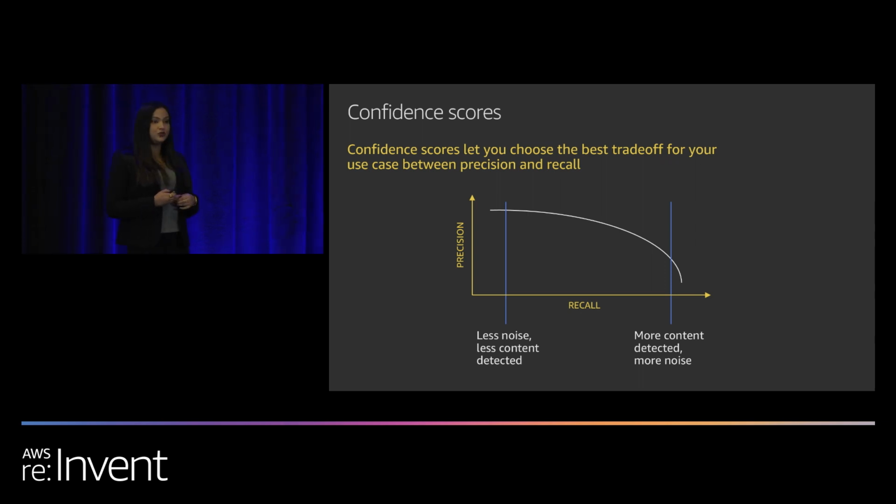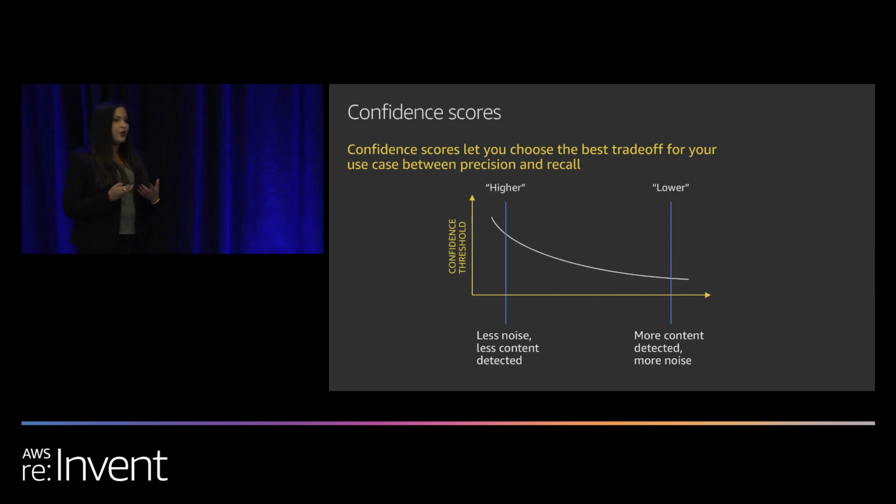The customers can choose high precision, low recall, which means that less content is detected, but also that there is less noise. Or they could choose the alternative, which is lower precision, high recall, which means more content is detected, but there could be some noise.